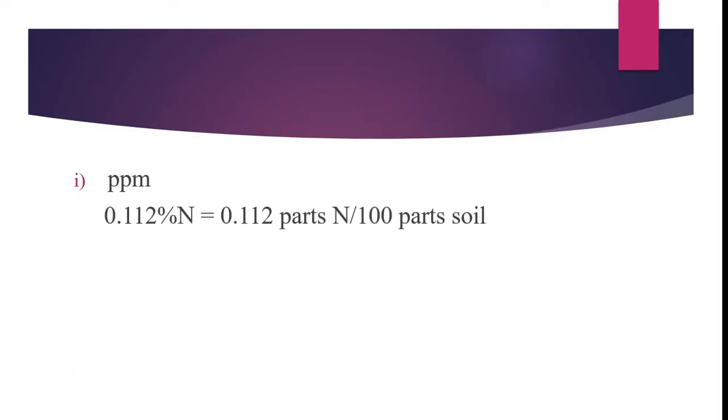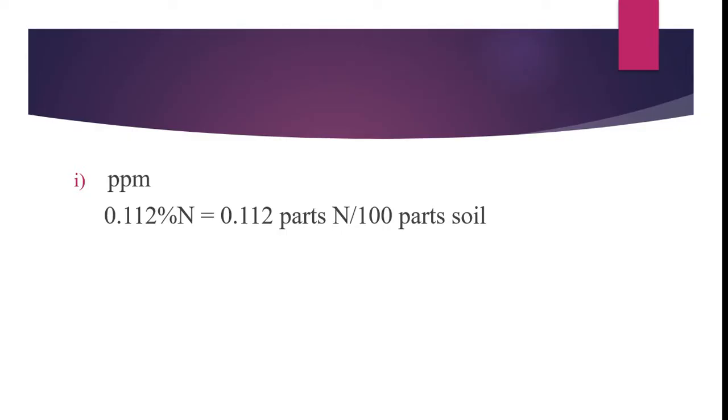Our value was given as 0.112% nitrogen. Even if you say something like 80%, let's say in a class of students we have 60% to be boys, so definitely the rest becomes girls, 40% girls.